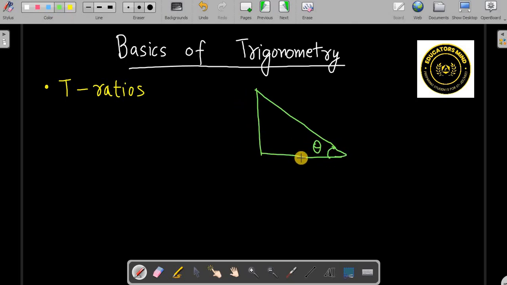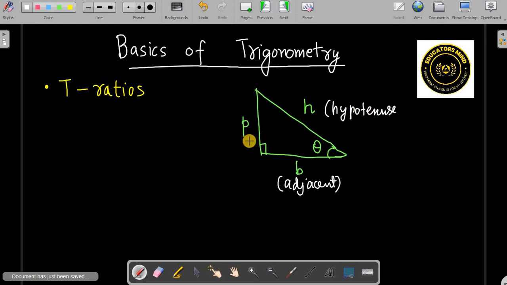This is the hypotenuse H, this is the perpendicular or opposite side P, and this is the adjacent side, which is the base.